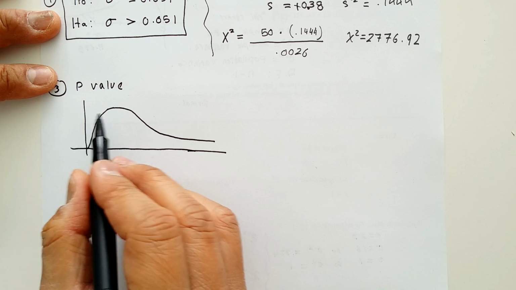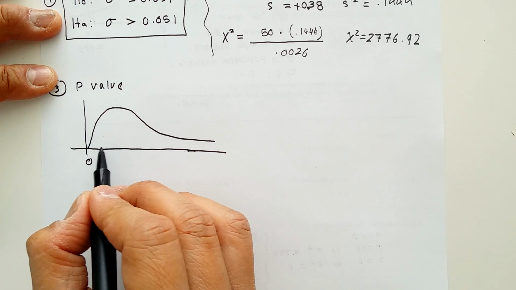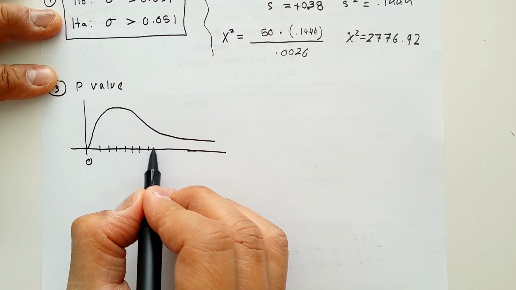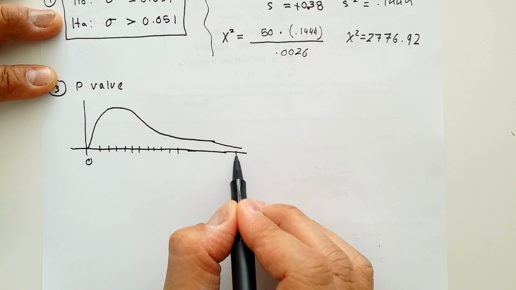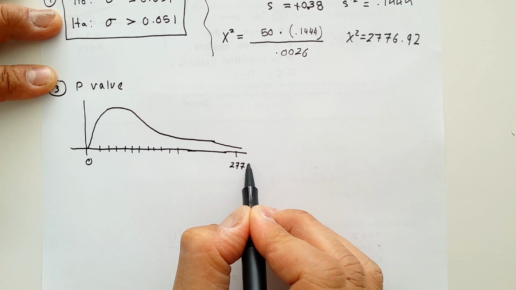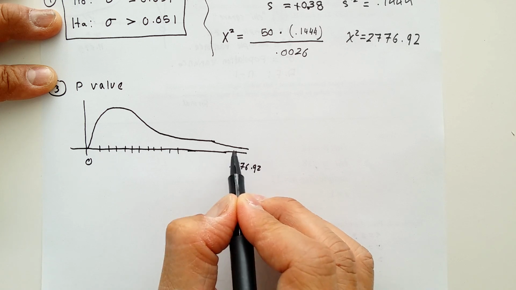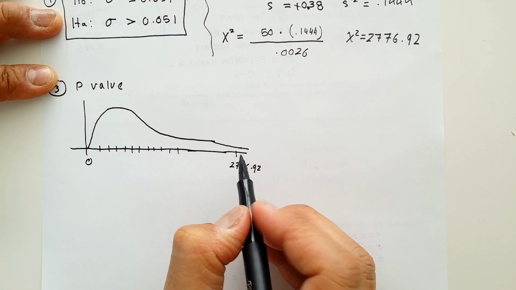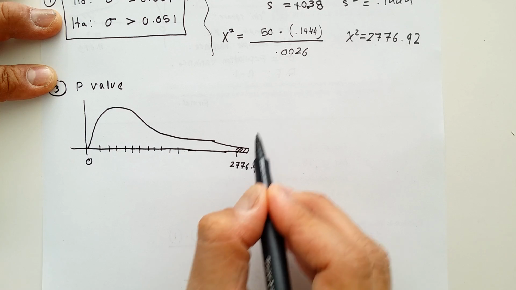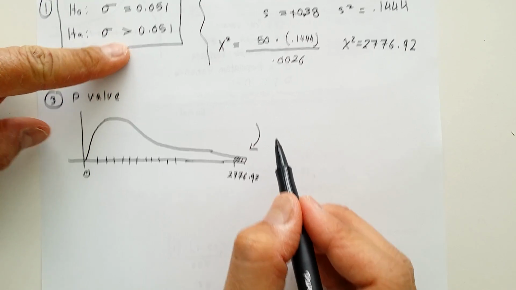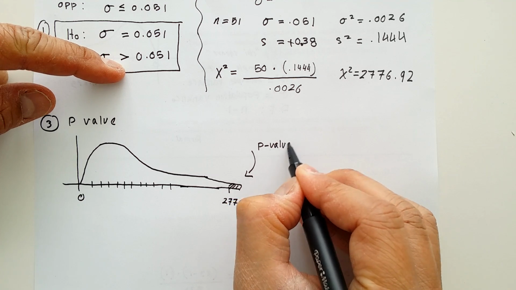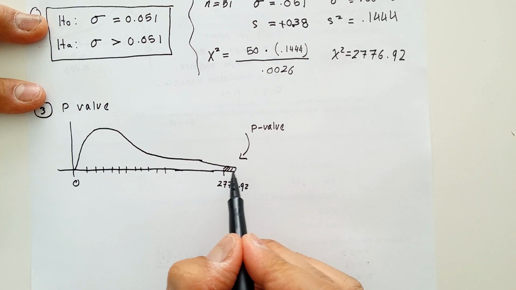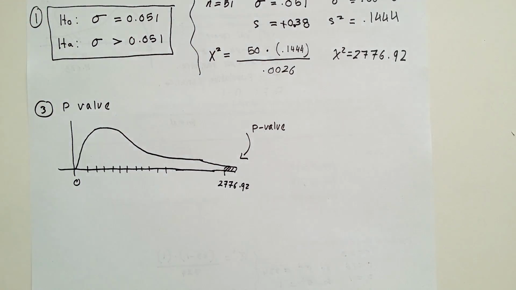Remember that the graph starts at 0 and then goes up, 1, 2, 3, up to 10, and then all the way down here, which we want to be 2,776.92. When you look up the table, you get an area to the right. Because we're looking at a right tail, that is also our p-value. And it's actually really small, right? So hopefully you'll get a very small number.